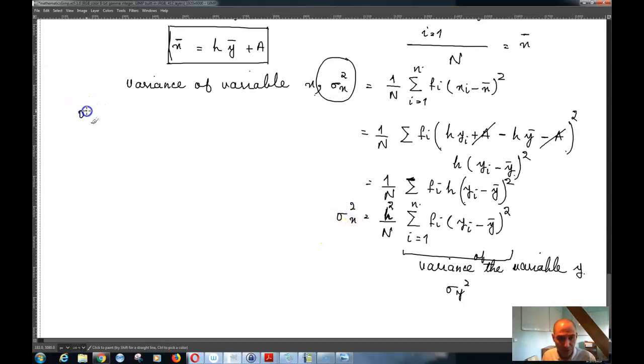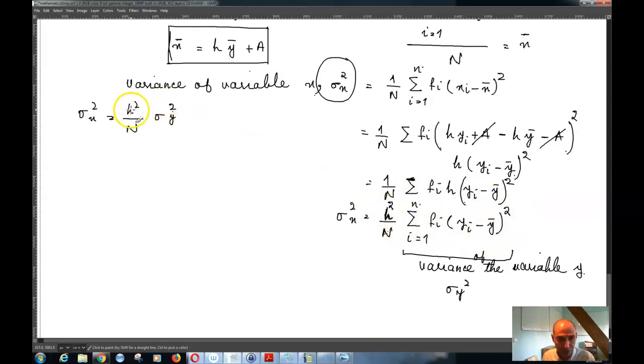That means I can write sigma of x squared is equal to h squared over n times sigma of y squared. And of course you have to divide by n as well, so this n actually cancels out here, because over here you see the variance of the variable x, there is this 1 over n here as well, so this 1 over n would be a part of this expression here.